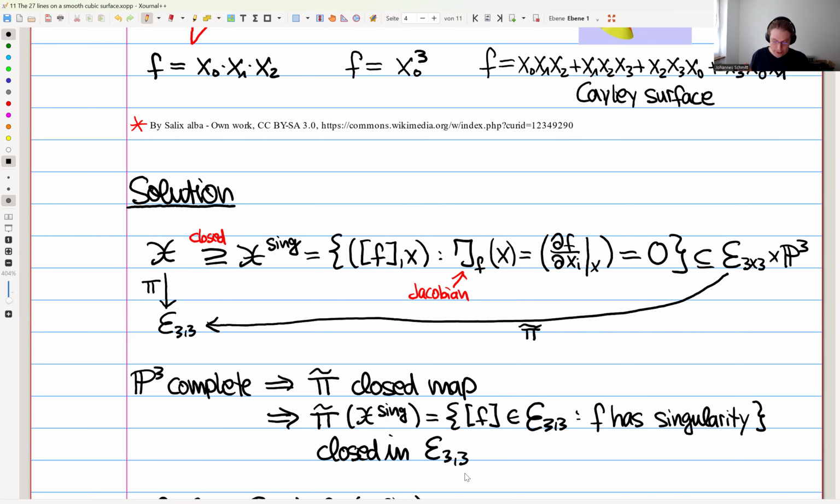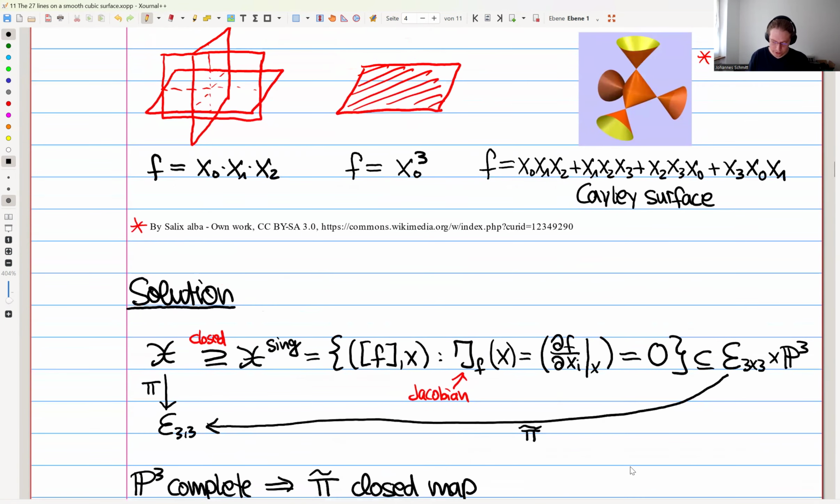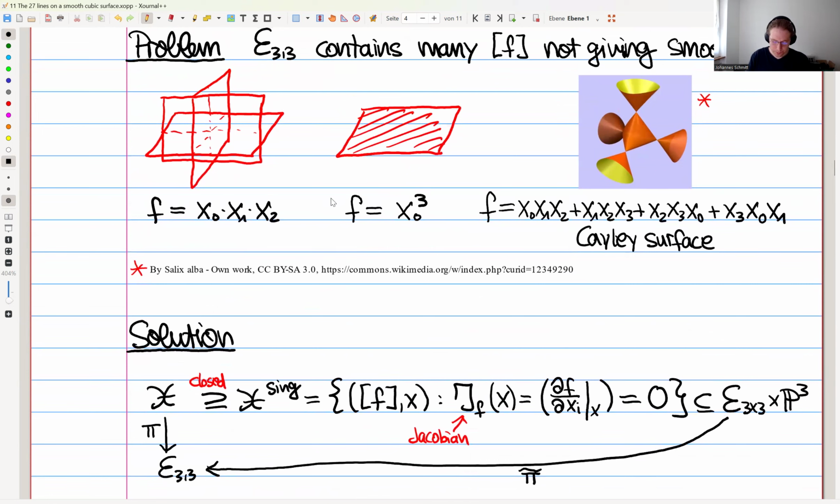Note that, let me be fully honest here, somehow I write that f has a singularity because, for example, for this equation here the vanishing locus is just a copy of P2, so it's nice and smooth. But still, we want to exclude this locus because it's not a cubic surface. The good thing is that if you compute the partial derivatives, they do vanish at these points here.